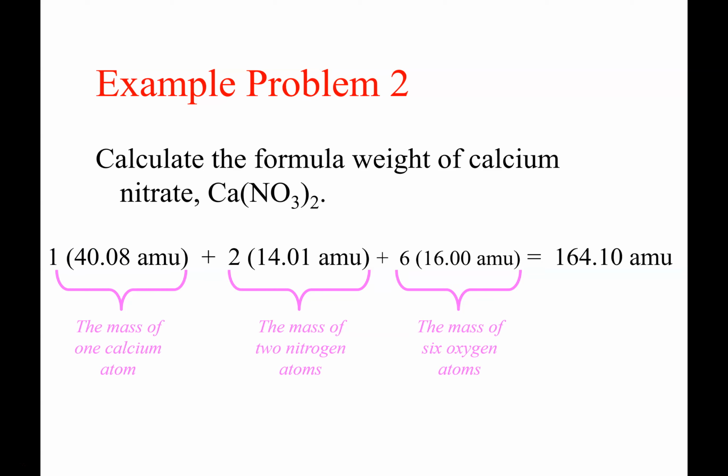So here's how this one looks. We're going to take 1 times calcium, which is 40.08 AMUs, plus 2 times nitrogen, because there's 2 nitrogen, so 2 times 14.01 AMUs, plus there's 6 oxygens, so 6 times 16.00 AMUs.